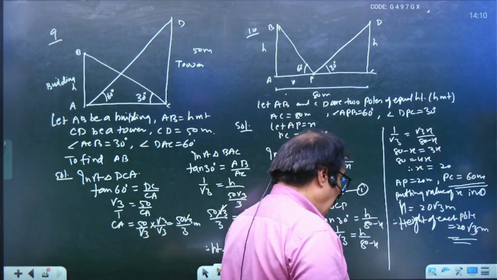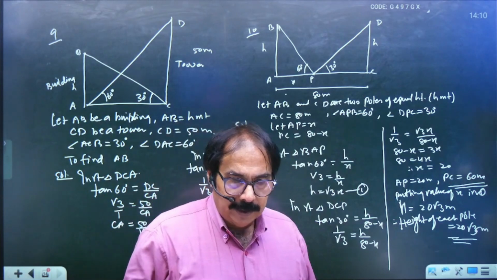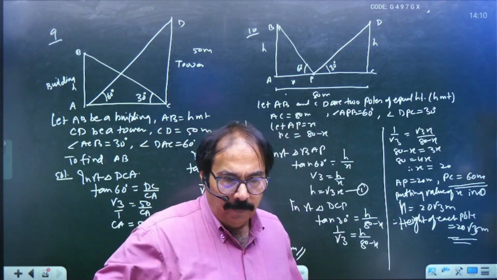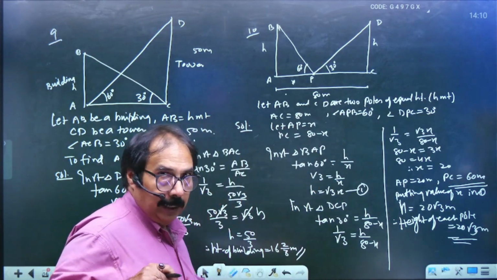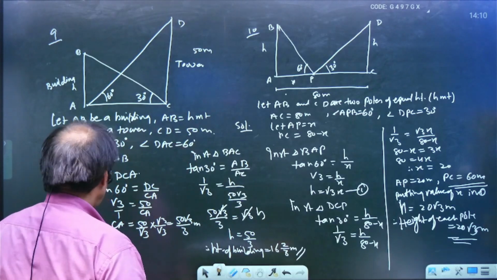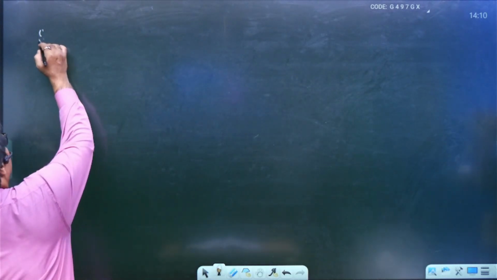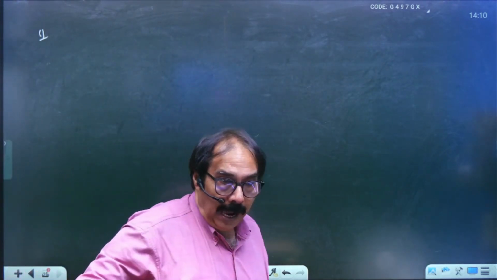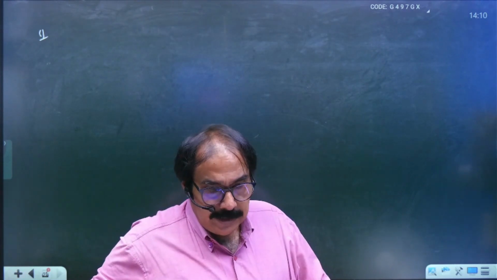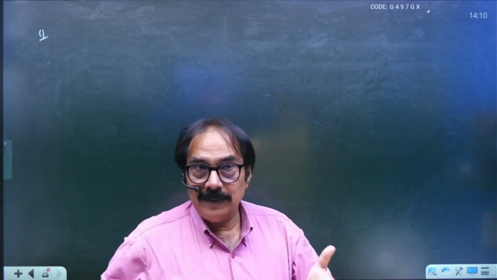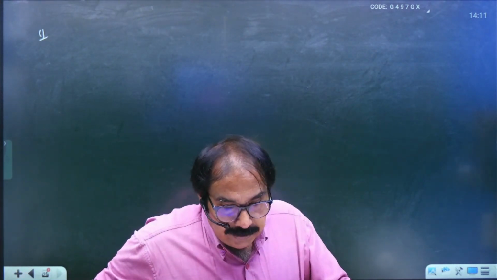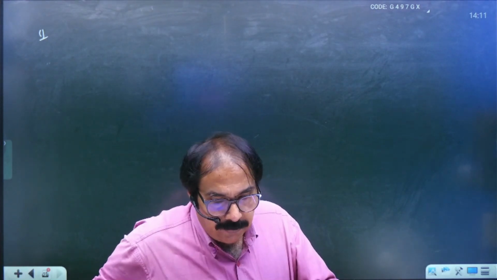So this was question number 10. Now we are coming to question number 11. The 11th question is a TV tower. A TV tower stands vertically on the bank of a canal.